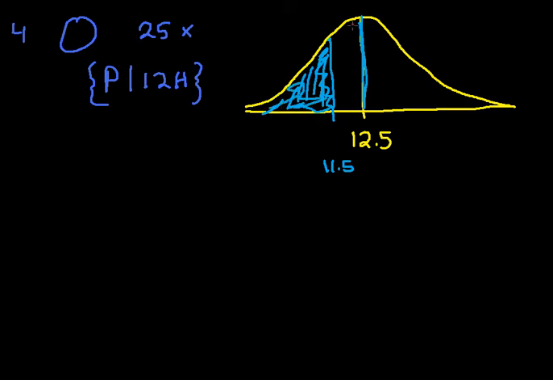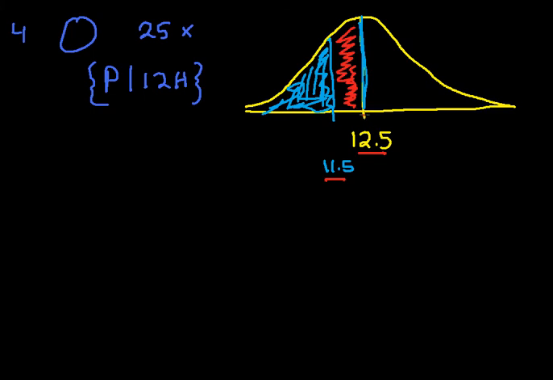Then all we're left with is the probability of getting exactly 12 heads, not less or more. And so we need to standardize these two values so we can look in our table to find out what the area is under the curve.